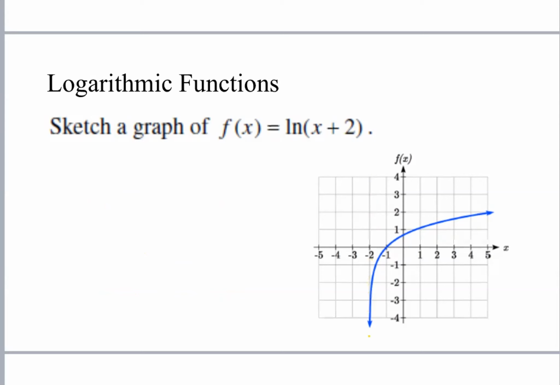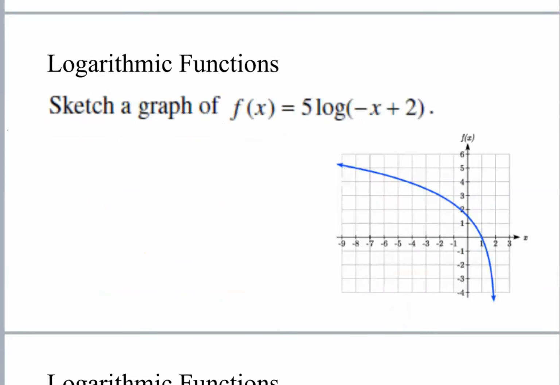For this next one, I already have the answer here, but we're going to look at how we can get there. It does a couple of things. I'm going to go in order, but the order you go in is completely up to you. The first thing I'm going to address is this piece.